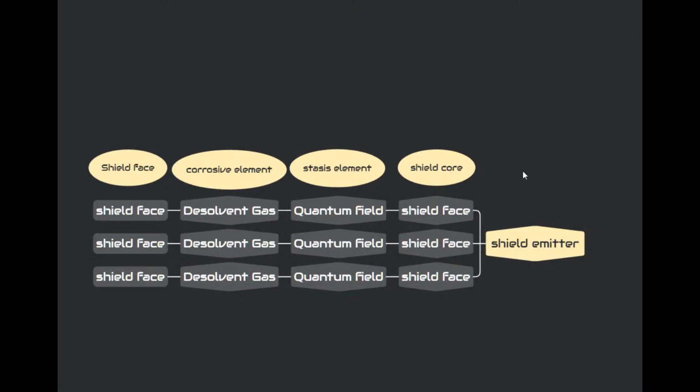So this is basically a tri emitter. The angle.